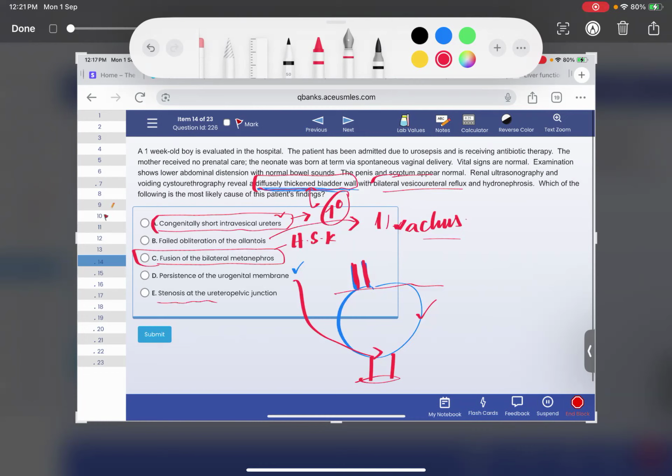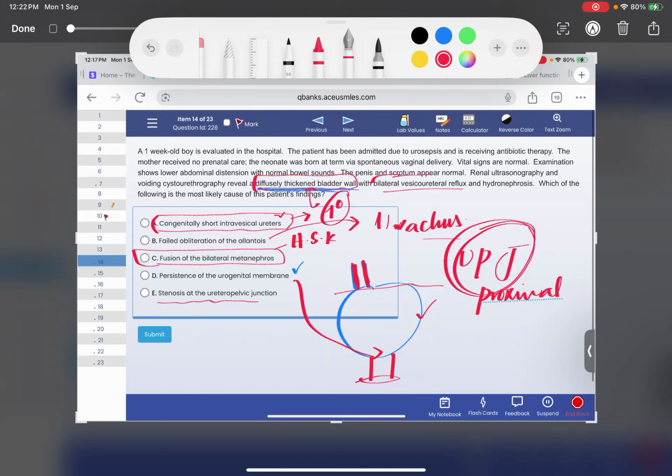Stenosis of the UPJ. You know about this? So we have three anatomical constrictions of the ureter. In the proximal ureter, we have the ureteropelvic junction.